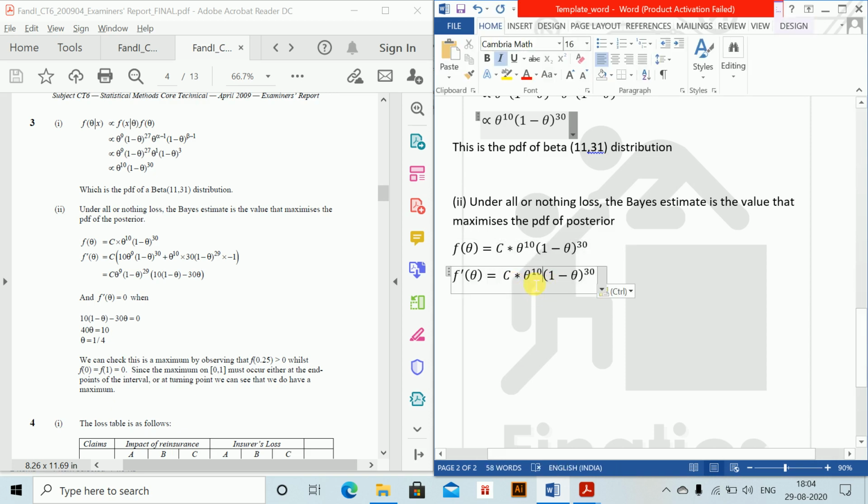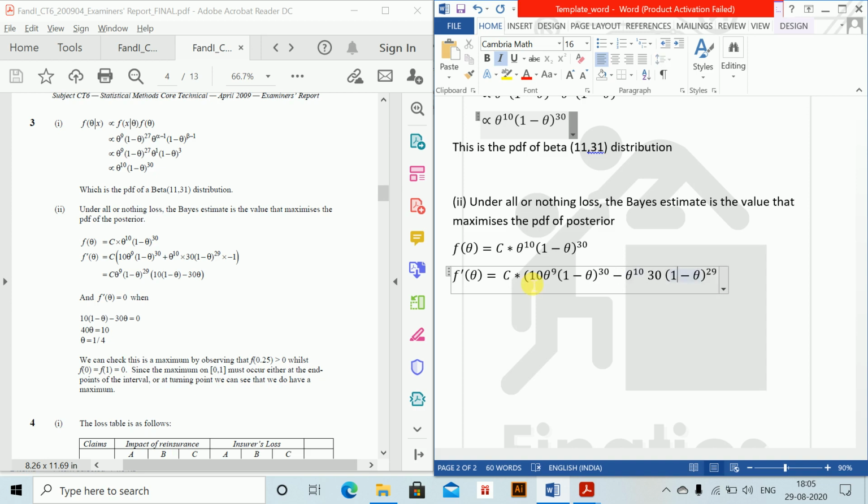So now this becomes 10 into theta to the power 9 into (1 minus theta) to the power 30 plus, remove the c and the star sign, we have theta to the power 10 here, and here there will be 30 into (1 minus theta) to the power 29, and this will be a negative sign. Okay, with 2 minus 1. So we know this.